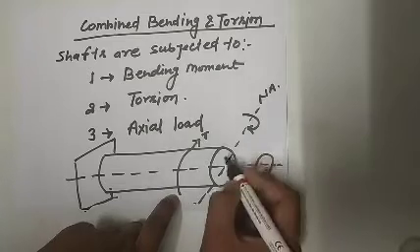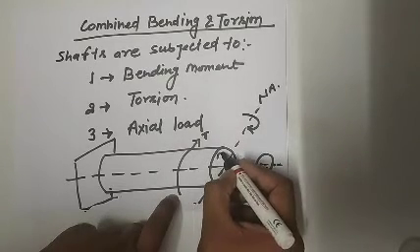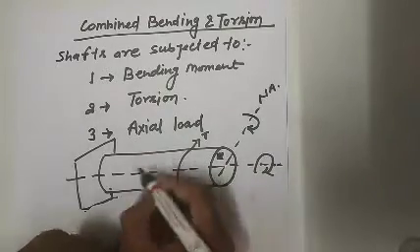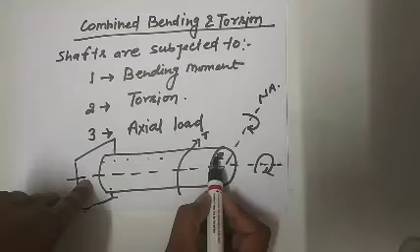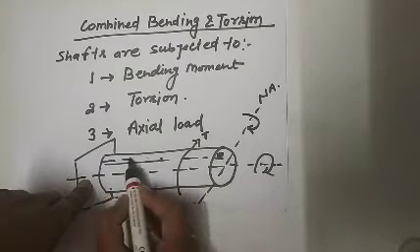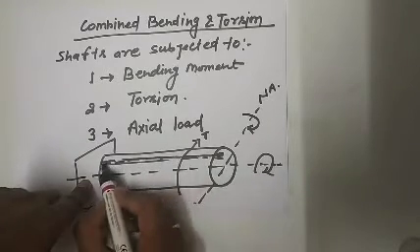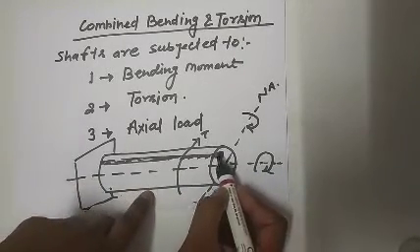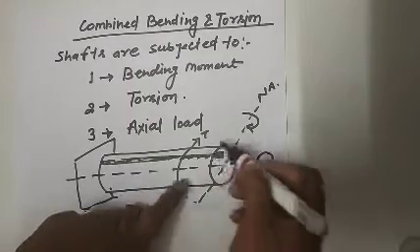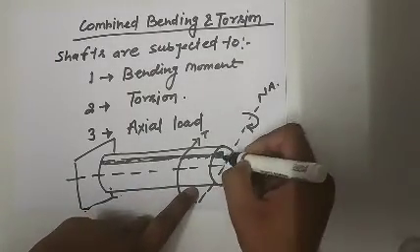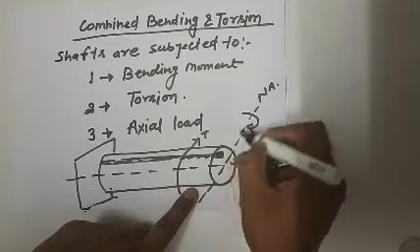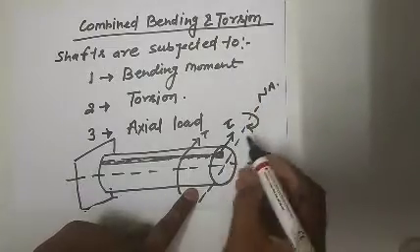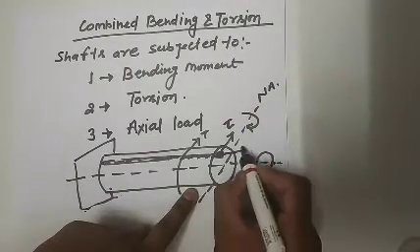How does it come? We know that, suppose here is a fiber, a layer. If we take this 3D layer across the length, it will be like this. Suppose at the cross section this is a layer, at this layer shear stress will be along this direction, and bending stress will be along this direction.